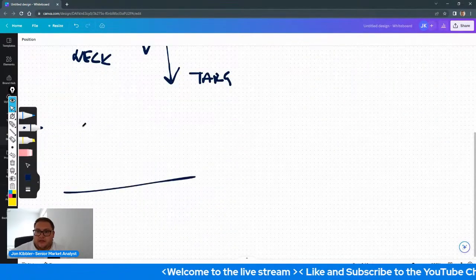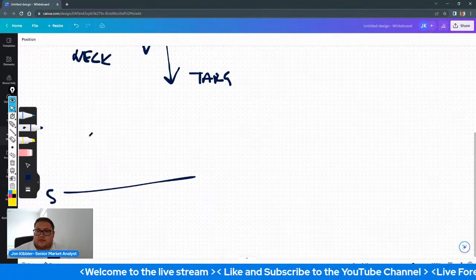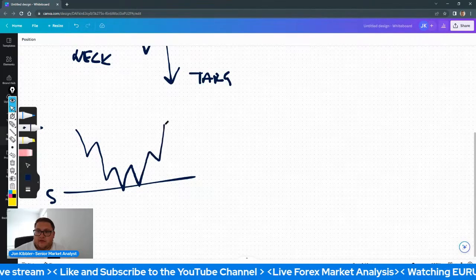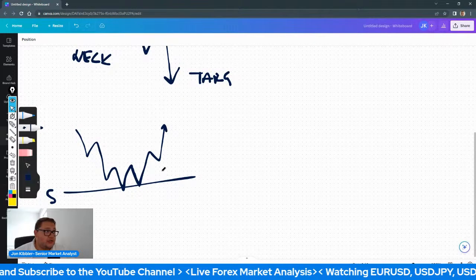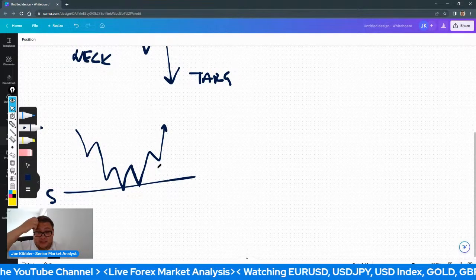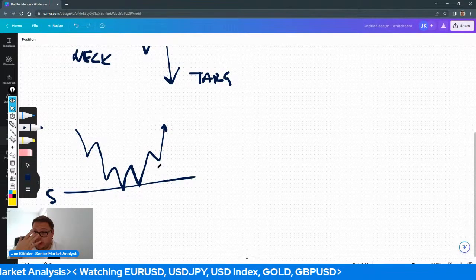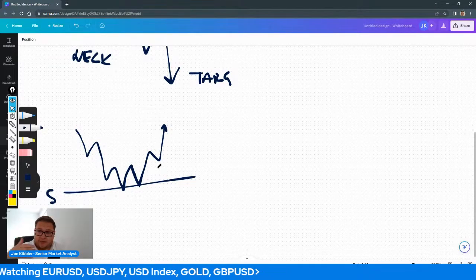Double bottom, you've got a similar thing. You've got support instead. Price is trending into the area. You then get a nice move like that and continuation to the upside. Again, you see this across multiple assets, and you always see it across multiple time frames.